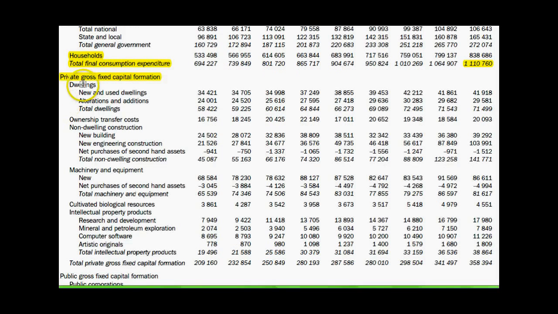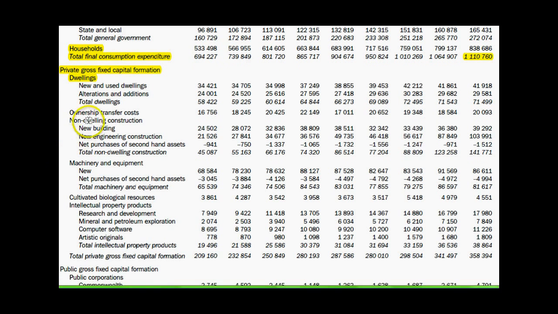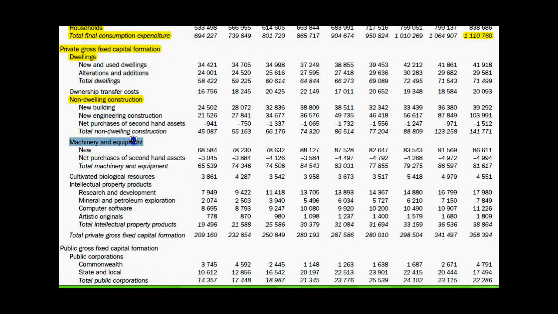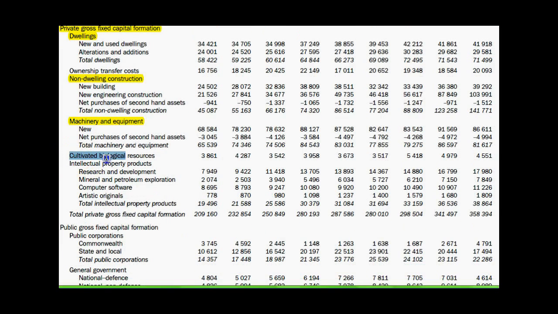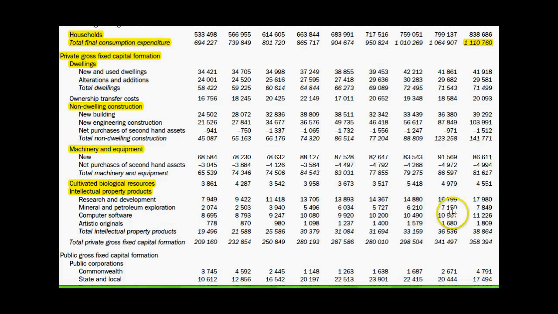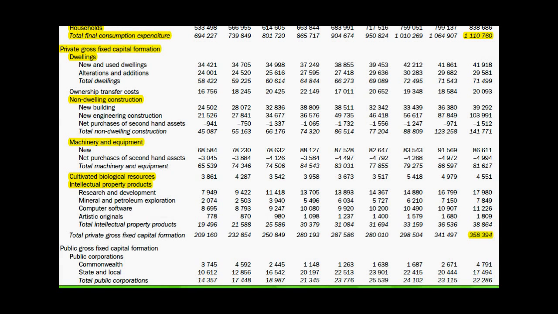It's expenditure on the building of dwellings, non-dwelling construction, the purchase of new machinery and equipment, cultivated biological resources, intellectual property products, and that gives you your total. So that comes to $358 billion in investment expenditure.